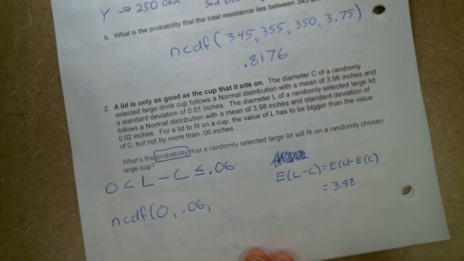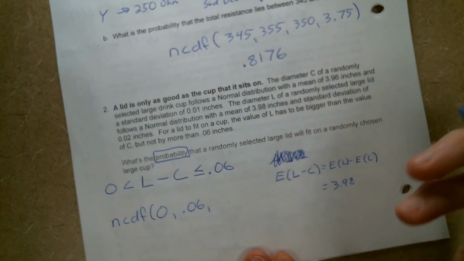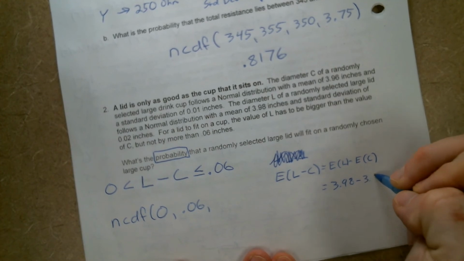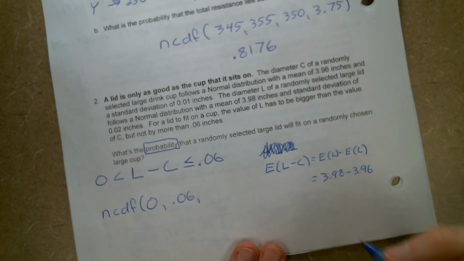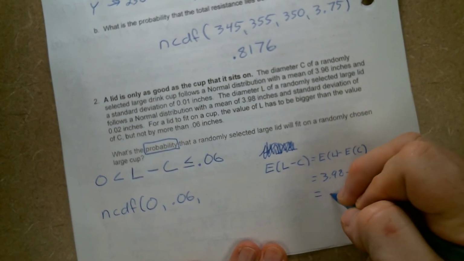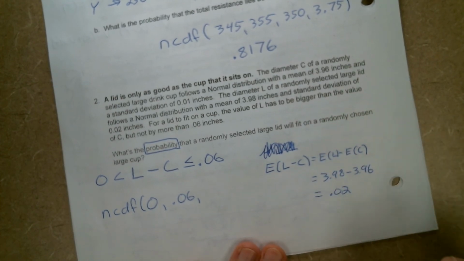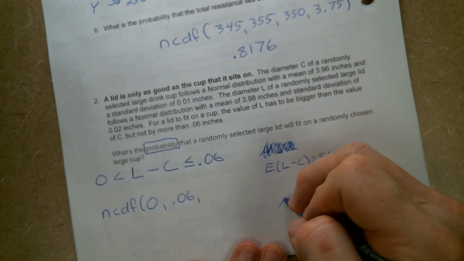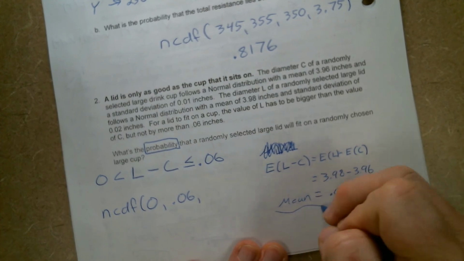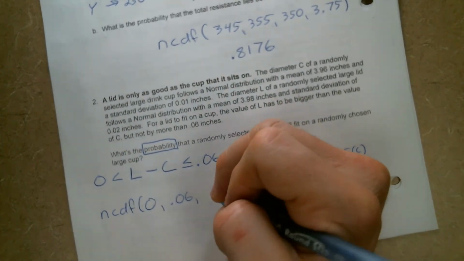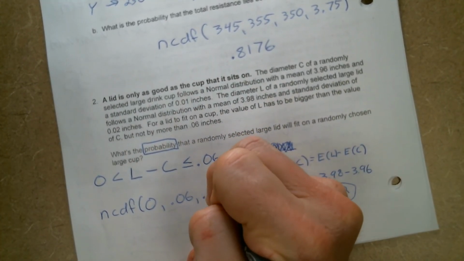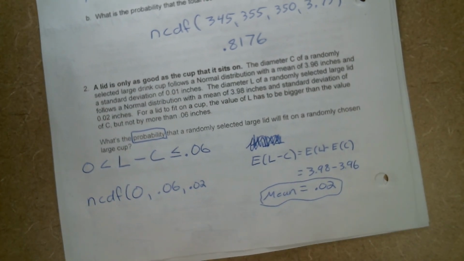We know the expected value of the cup is 3.96. So the expected difference between those two is going to be 0.02. All right, this is what we're using as our mean. So that's going to go right here inside of our NCDF.